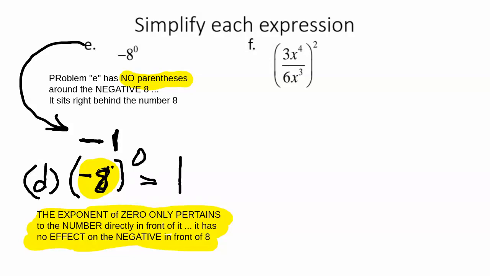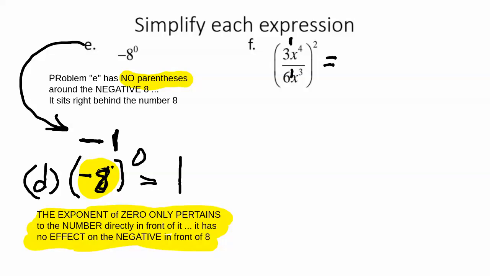Now, this is our lovely fraction rule. Well, remember how this works? First off, the 3 has an exponent. The 6 has an exponent. We have a fraction.